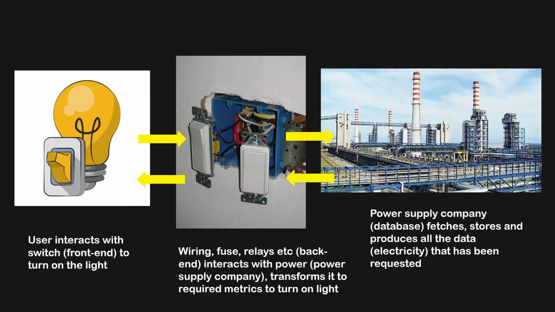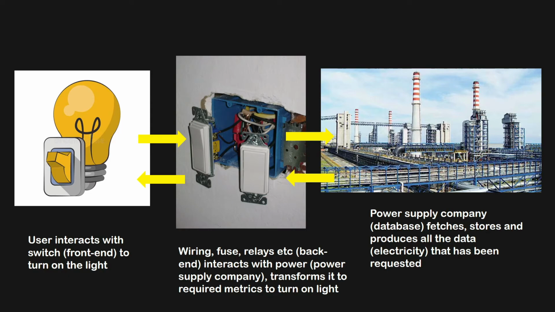Okay, now let's use another analogy to explain the whole front-end, back-end, database development stuff, right? So this is like an analogy of a light switch in a power supply company, right? A power company. So the light switch and then the bulb that you see in your room is what you interact with. Okay, you just go into your room and then turn on the switch. So the switch is like the front end that you interact with, right?